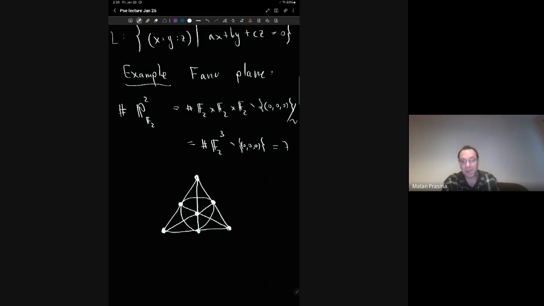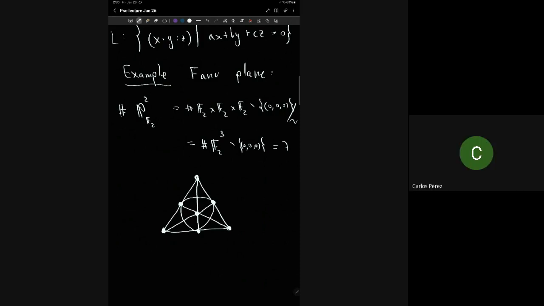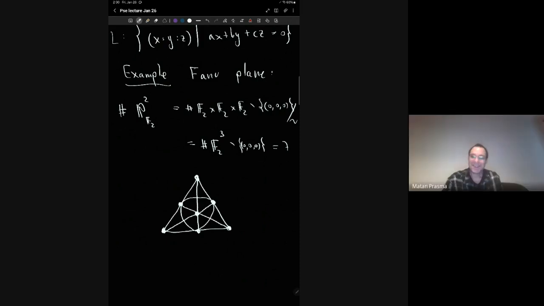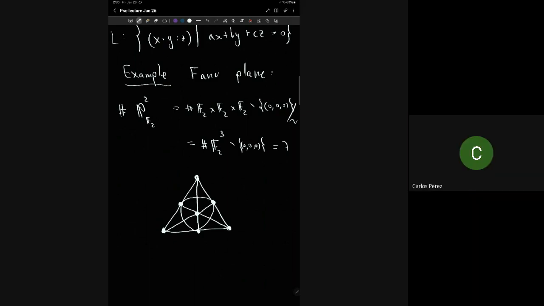So in fact, it is the minimal model in which every line passes through exactly 3 points, and 2 distinct lines intersect at exactly 1 point. Wow. Yeah? That's cool. So thank you for your next psychedelic adventure.